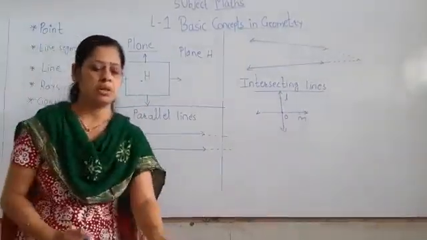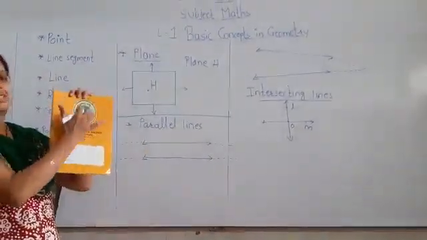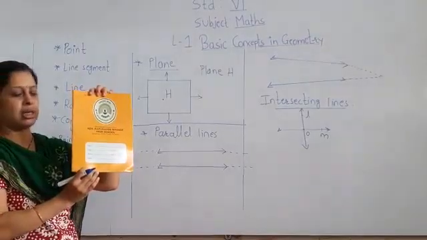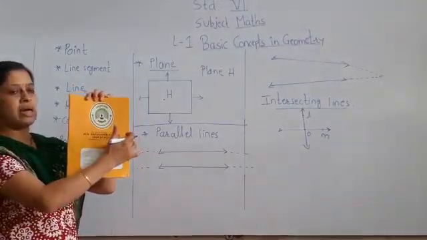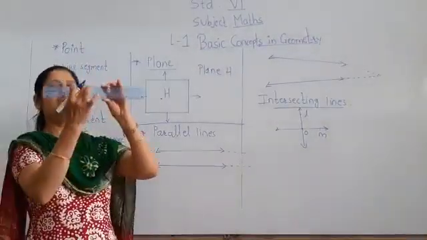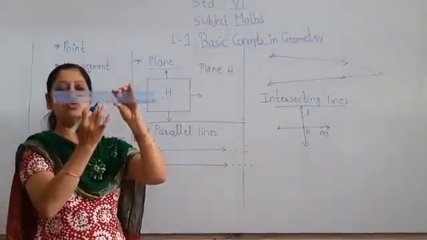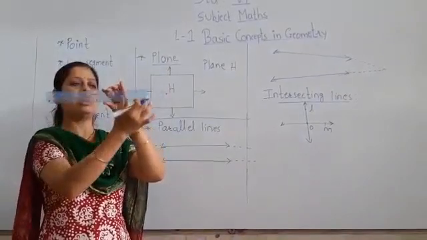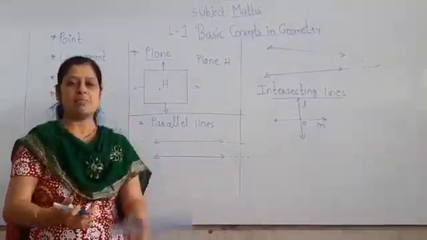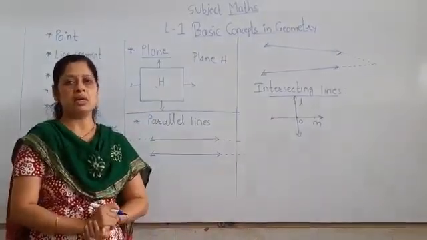If you observe the opposite sides of the book, these two opposite sides are parallel to each other, and these two sides are parallel to each other. If you observe this scale, these two horizontal lines are parallel to each other and these two vertical lines are parallel to each other. So the next concept we are going to study in the next video.